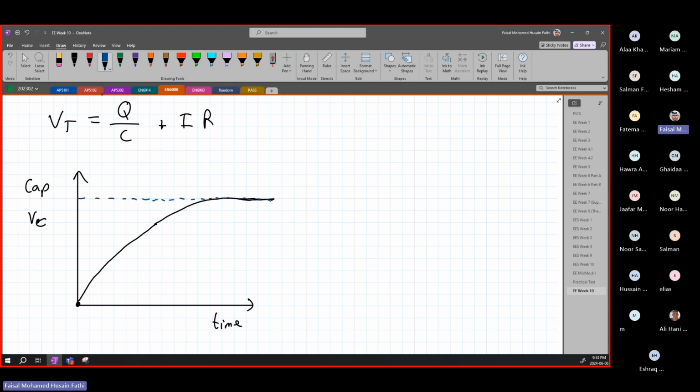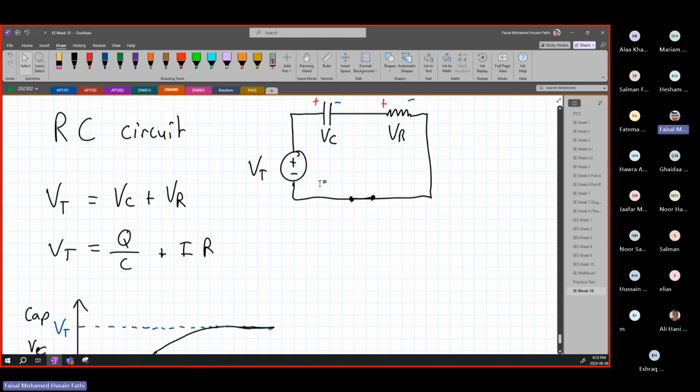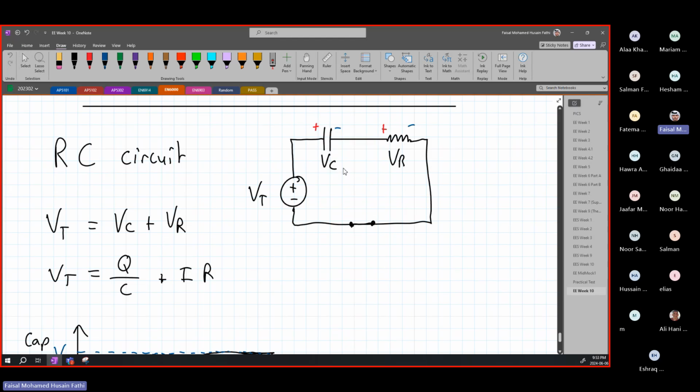All right? And what is this value over here? This is the value of V total. This is the value of our V total over here. And now when the charging, what does charging basically do? It makes sure that this reaches the full voltage possible from the battery. And this, by the way, happens in milliseconds, if not even less. All right?